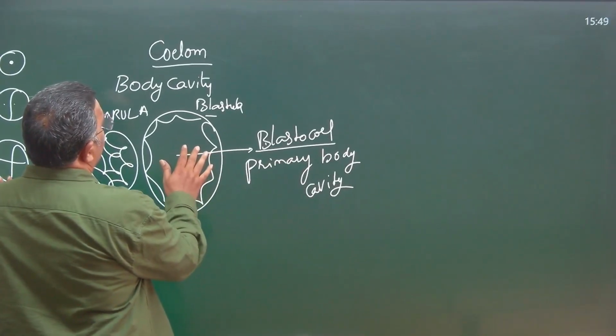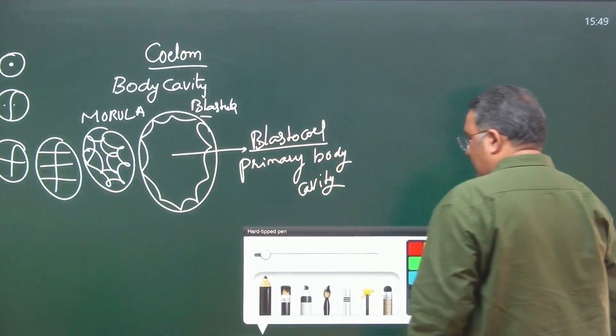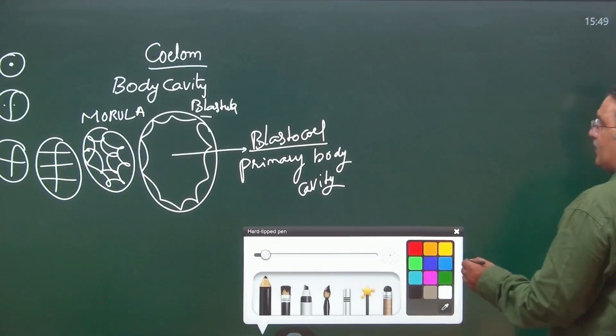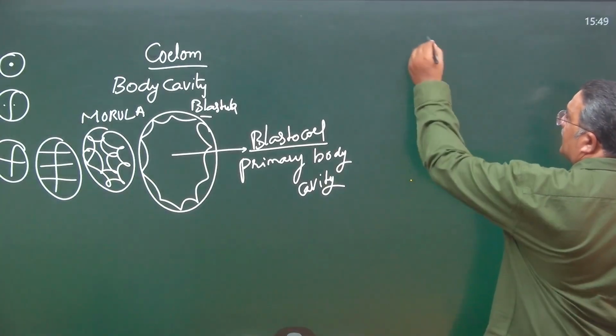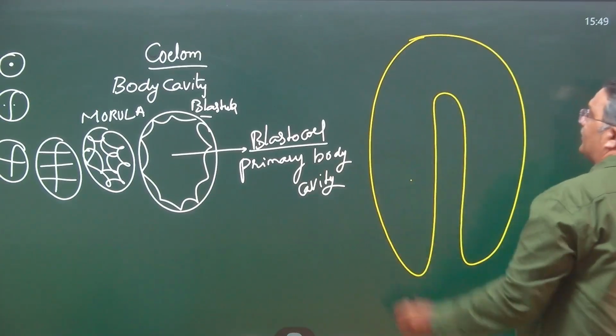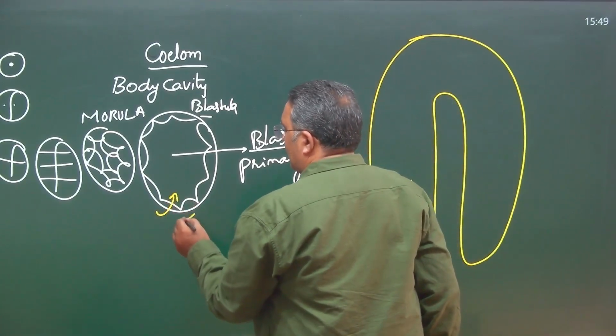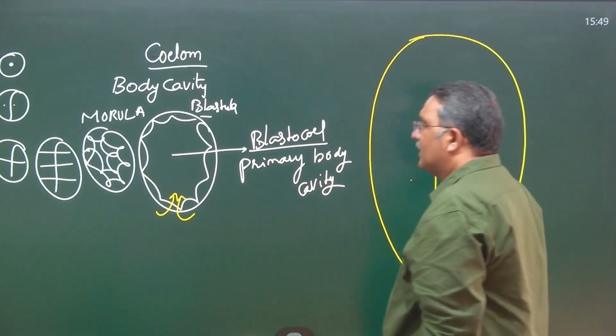Now let us see what happens to the next cavity appearance. How does the cavity appear? The blastula now becomes gastrula. How it happens is not required for us, just for your information.